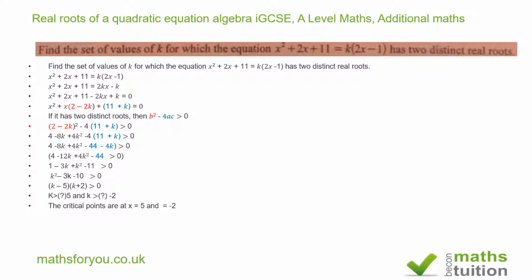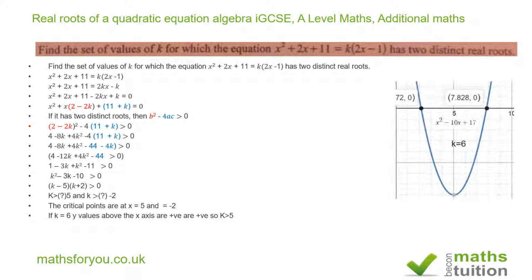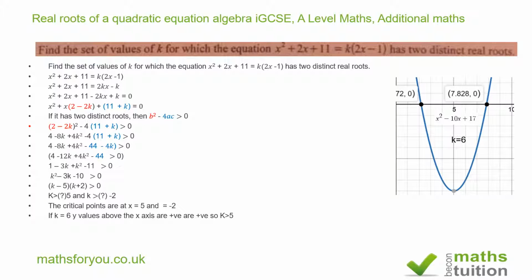So what I've done is this. Suppose k is 6, and we get this graph, and you see that the graph crosses the x-axis at two distinct points, and all the y values above the x-axis are positive in this case. It's possible that the y values can be negative depending on the equation. So that's that one there.